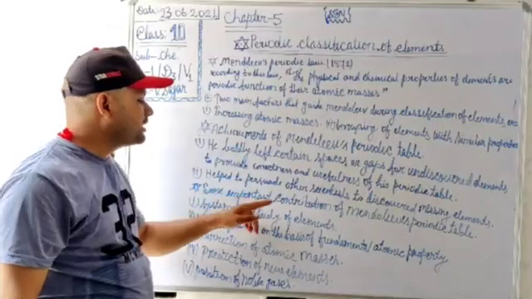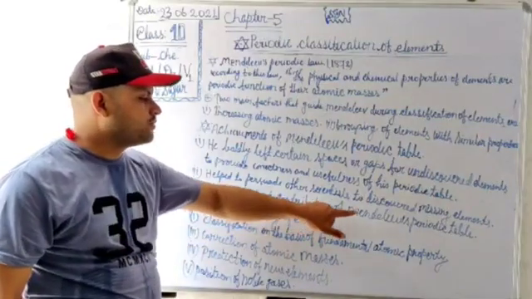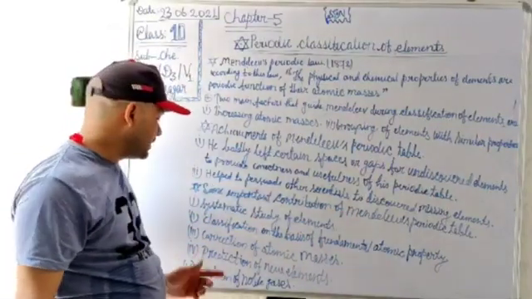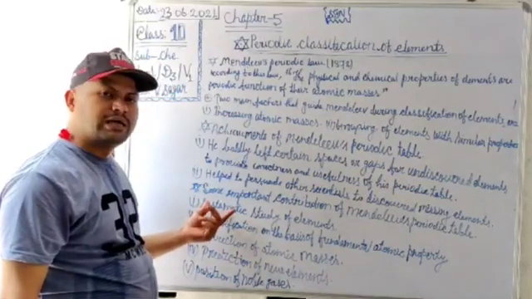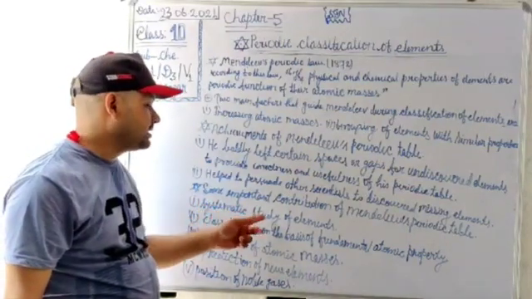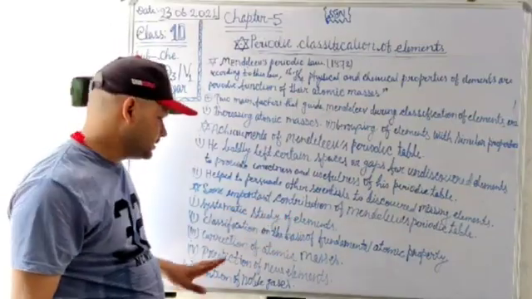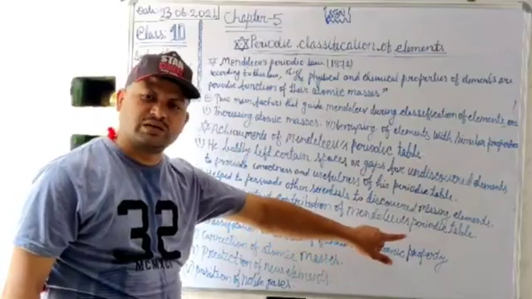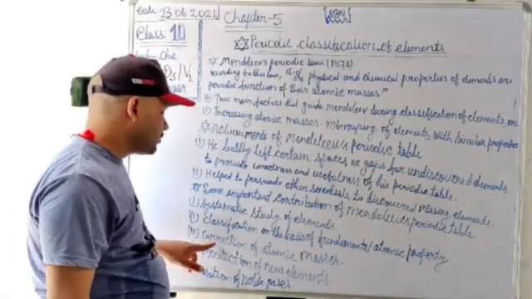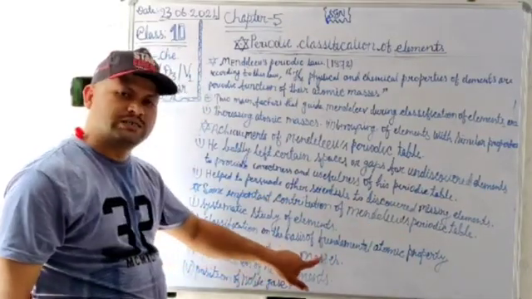Some important contributions of Mendeleev's periodic table: he arranged the elements, which helps in systematic study of elements and classification on the basis of fundamental atomic properties, and correctness of atomic masses.